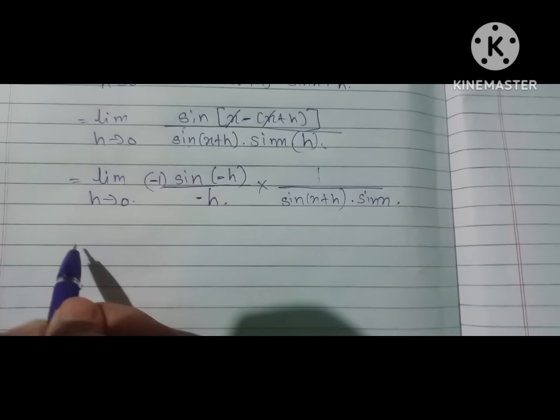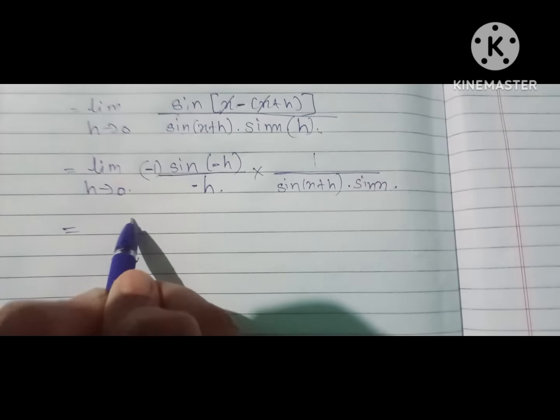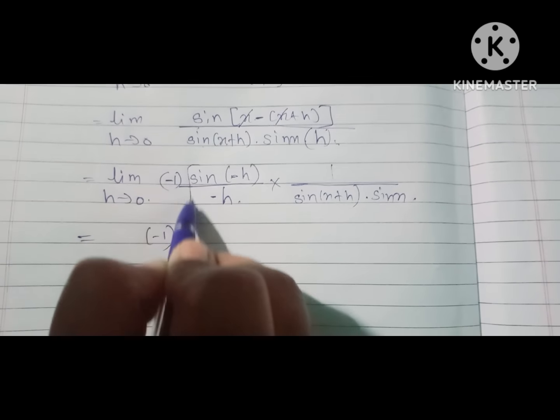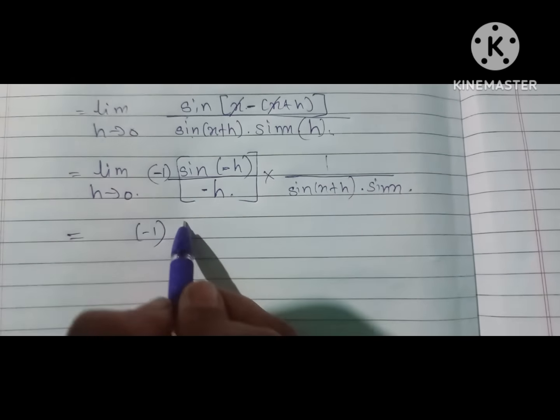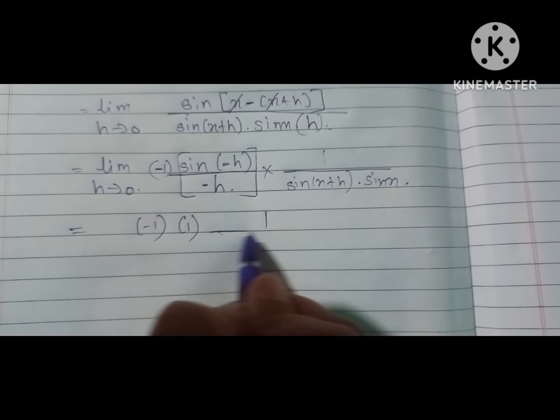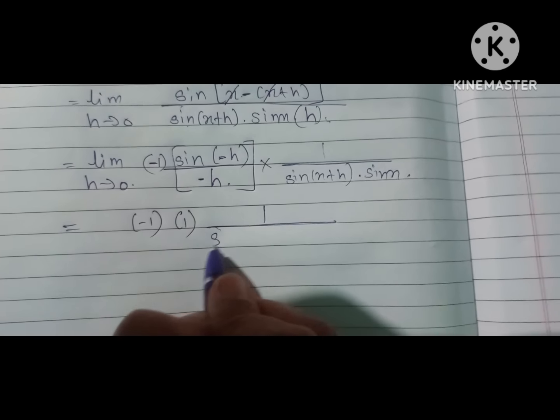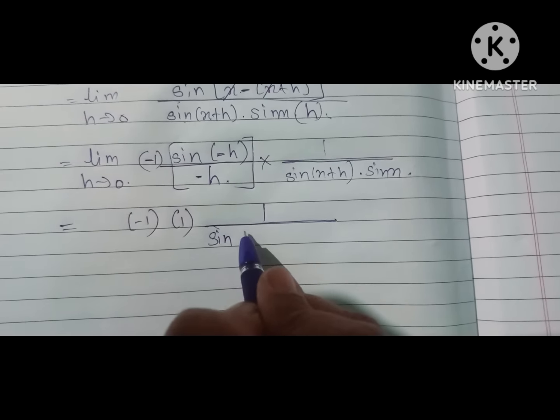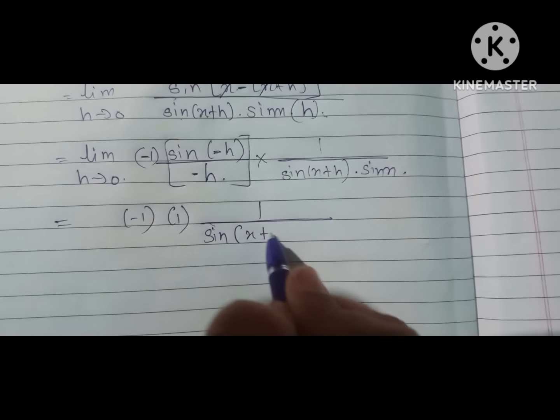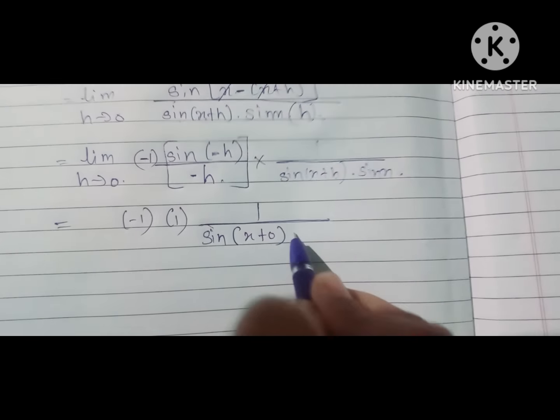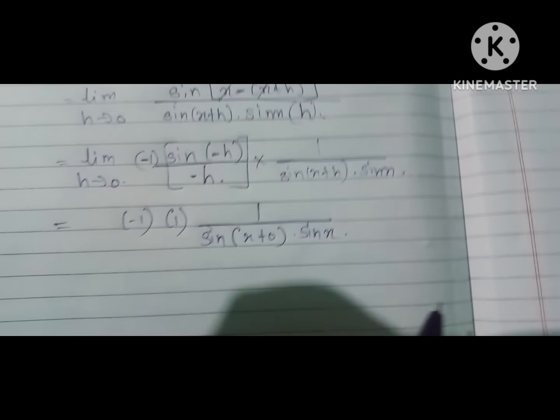So this minus 1 stays as it is, this sin theta upon theta becomes 1, and by substituting limit h tends to 0, we get x plus 0 here, and here sin x.